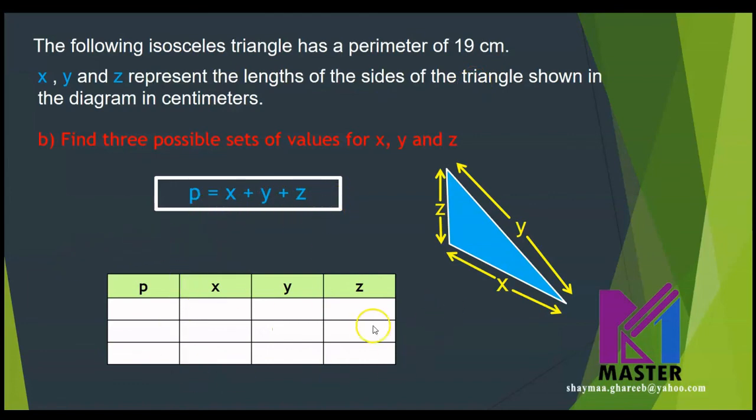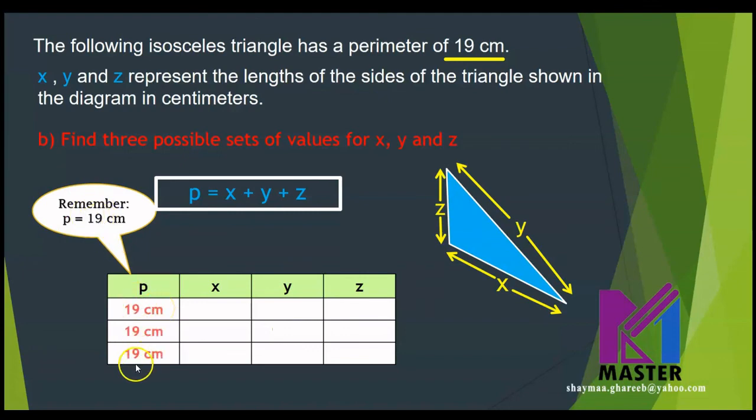So I made this table to help me find the possible values I need. So first I will start with the perimeter. The perimeter of this triangle equals 19, so I will fill in 19 for the 3 possible answers. So I need 3 different numbers. When I add them together, I get 19.